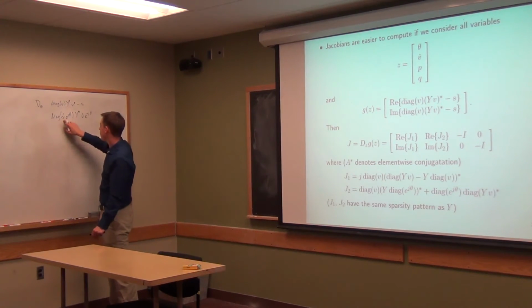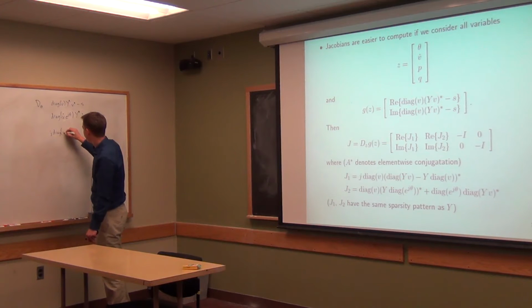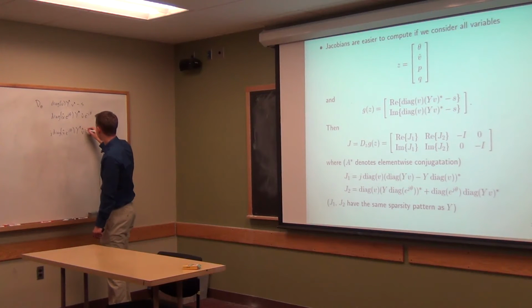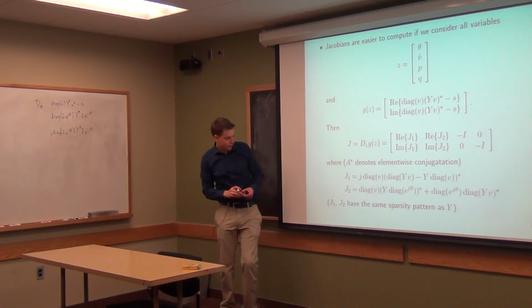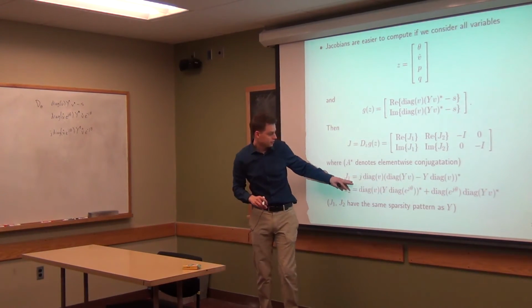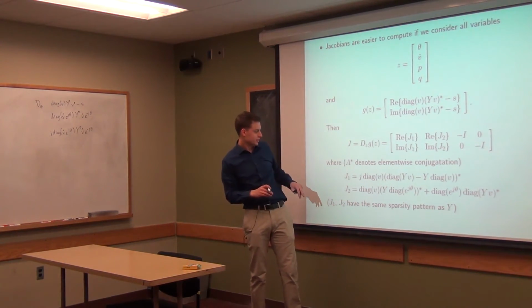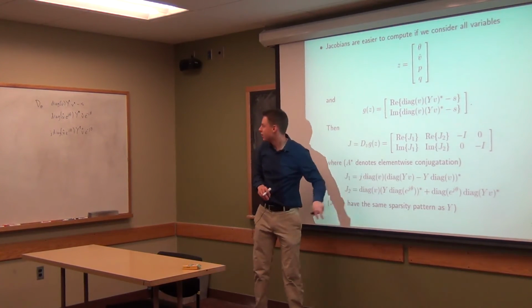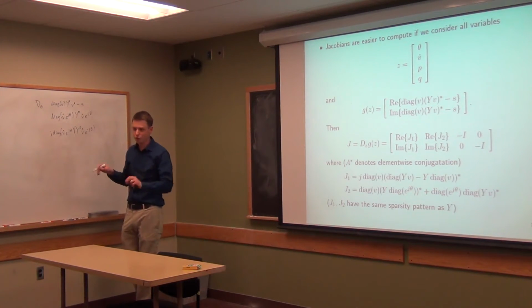You'll have j out front, you'll have this term diag v e j theta, and then this term as before, v hat e negative j theta. Sorry, you actually have diag of this thing, just by the product rule.